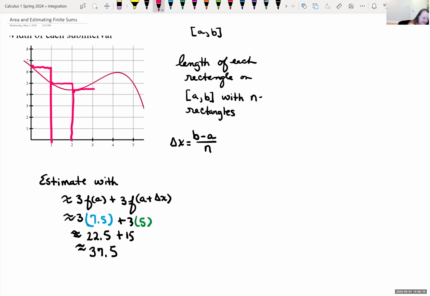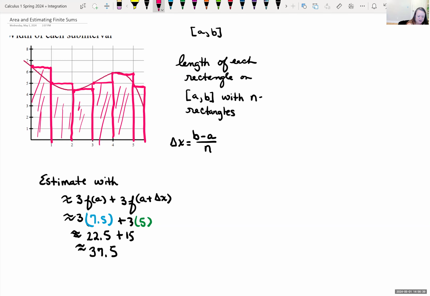We would have here to here, here to here. So this would even give us a better estimate of that area under the curve.